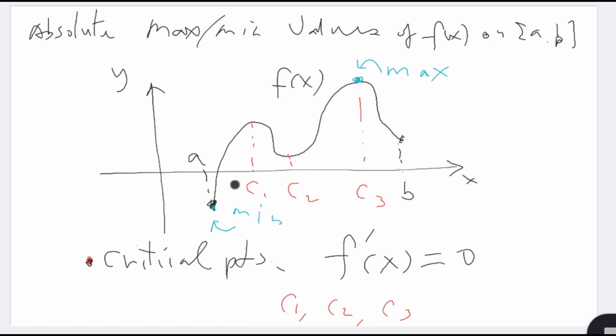If we use the terminology as we'll learn later on, actually it's better to borrow this terminology now to better describe how we are going to go about finding the overall or absolute maximum and minimum. So we look for local maximum and local minimum first.